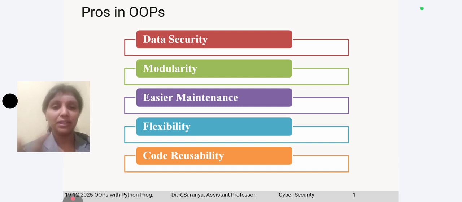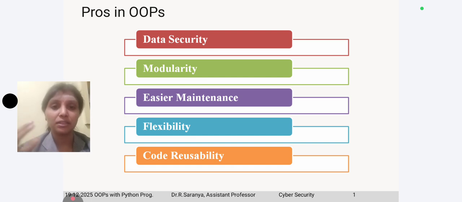Encapsulation is nothing but wrapping up important data as well as methods in a single unit. That combination is known as encapsulation. For high data protection, we apply encapsulation. Next, for modularity purposes also, we use it.